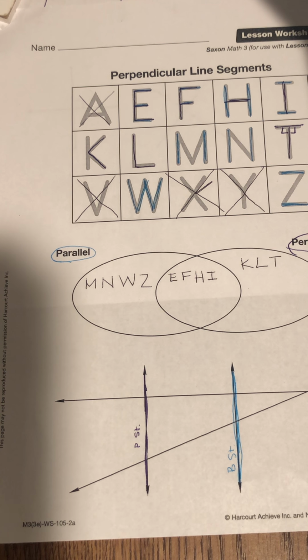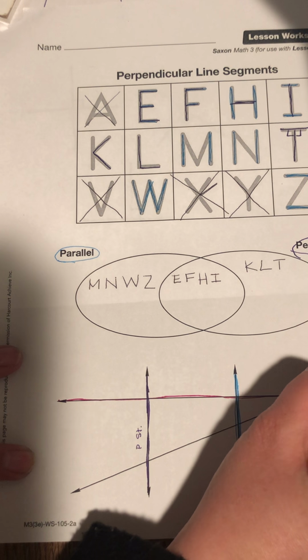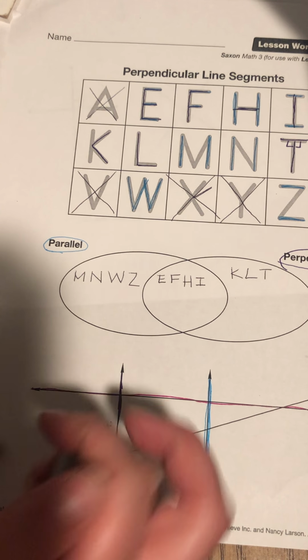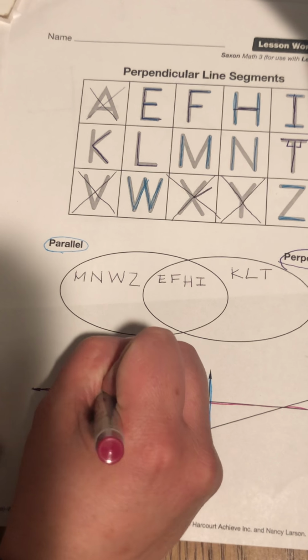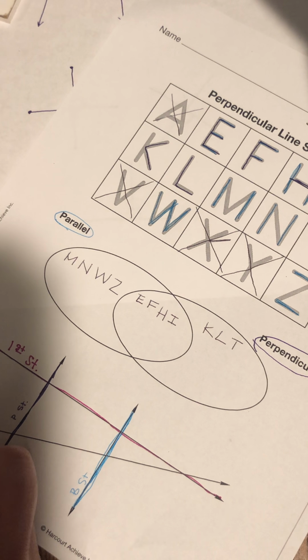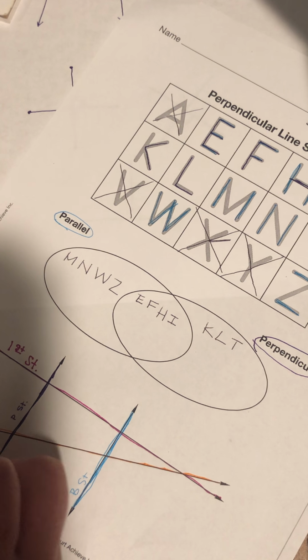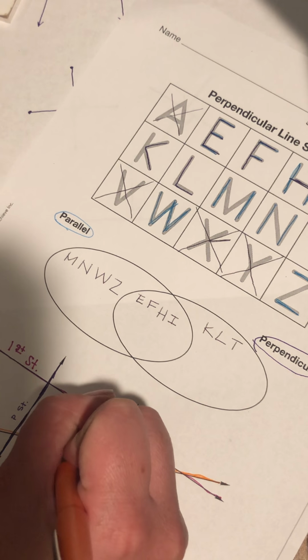But I want yours to be brown. And I'm going to name that First Street. And then I want you to trace the oblique line in orange. I'm going to name that O Street.